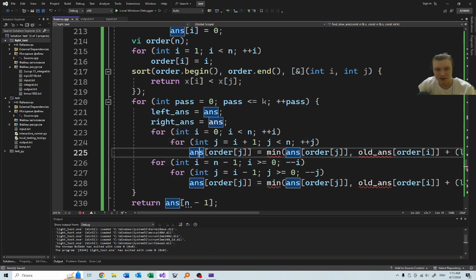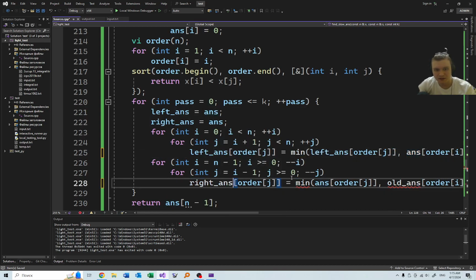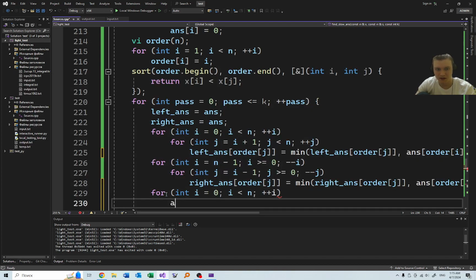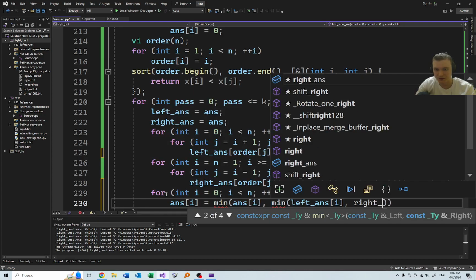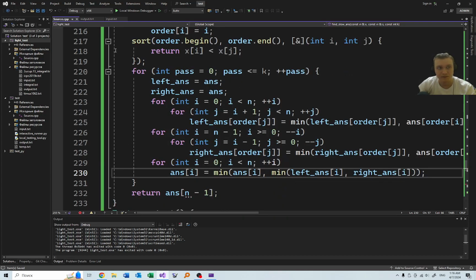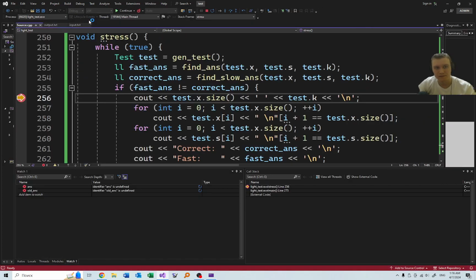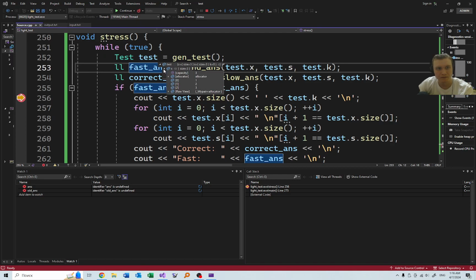Then here I optimize the left answer, and here I optimize the right answer. And then I say that answer I is minimum of answer I, minimum of left answer I, and right answer I. It's still incorrect.